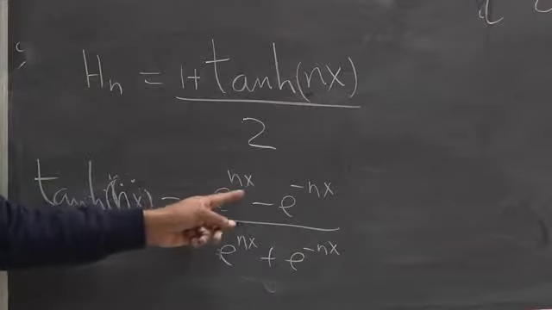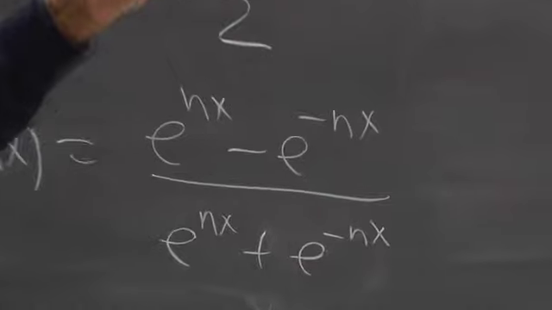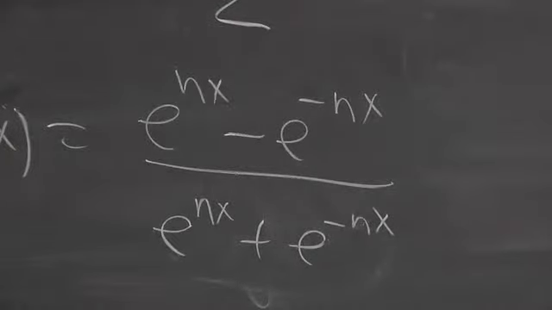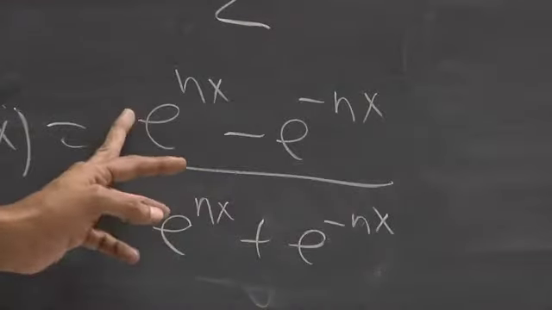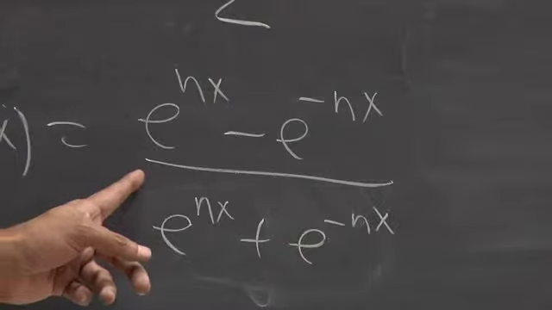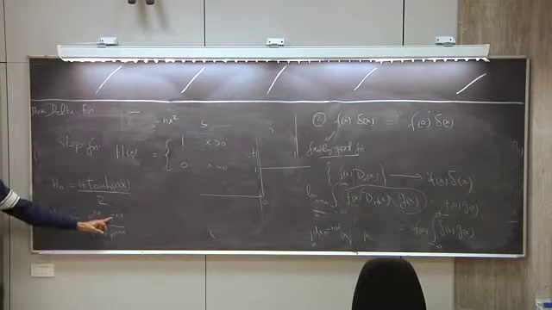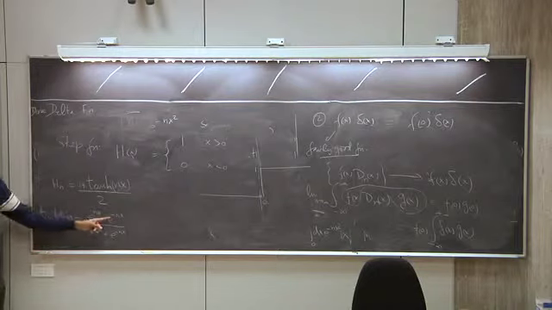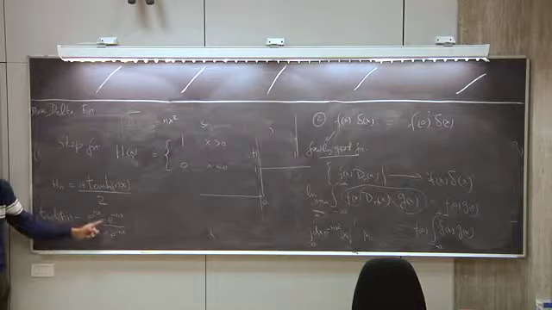Now notice that if n times x goes to positive infinity, large values of nx, this is exponentially suppressed, so you can forget it compared to that. So this simply becomes plus 1. Whereas if you take nx to be negative infinity, then this dominates, so I can even neglect both these terms, and you just get a minus 1.